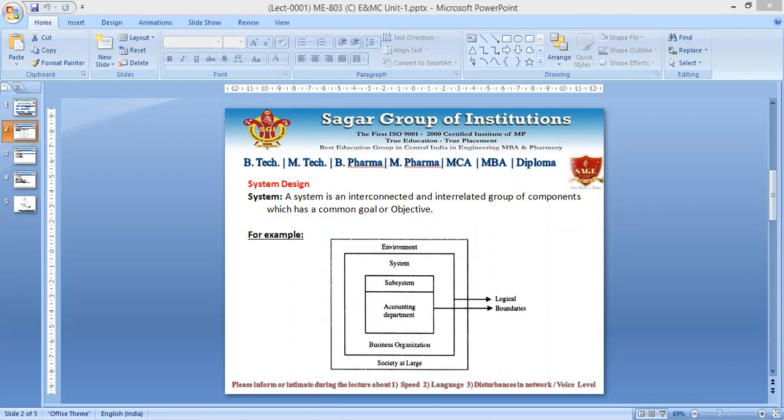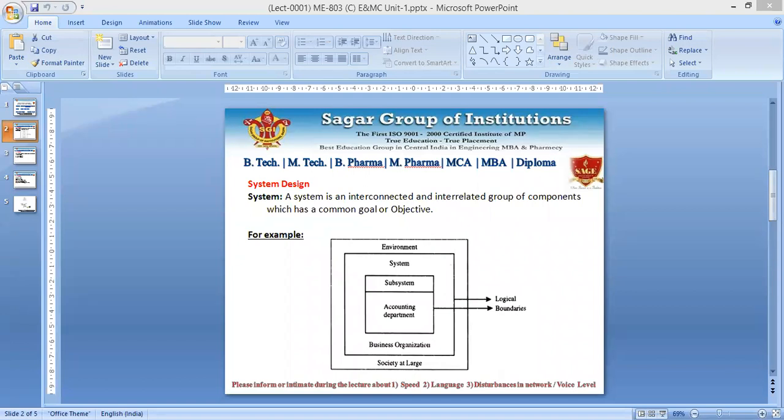So let us understand first what is system. System is basically an interconnected and interrelated group of components which has a common goal or an objective. So this organization has many subsystems like departments, programs, divisions, teams, etc. Each one of these subsystems has many ways of performing it, and along with their subsystem, obviously.